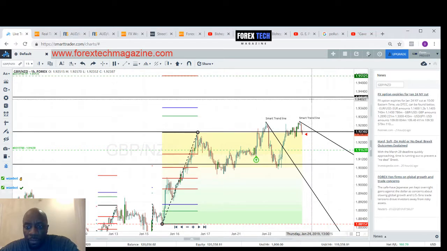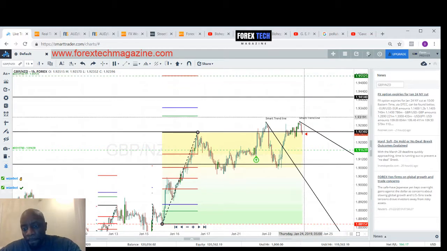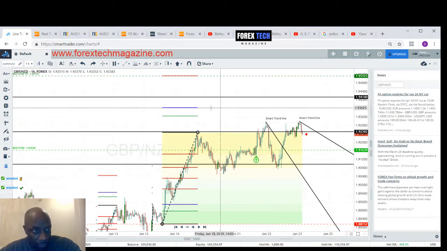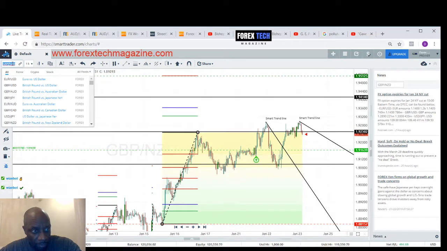Buy, and then be mindful of this resistance area on your way to your D extension, okay? But for right now, buying is off until price crosses over that downward trend line.